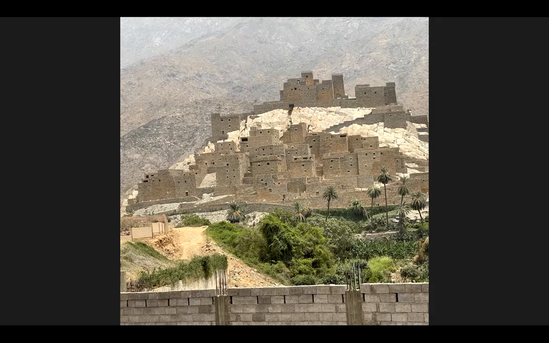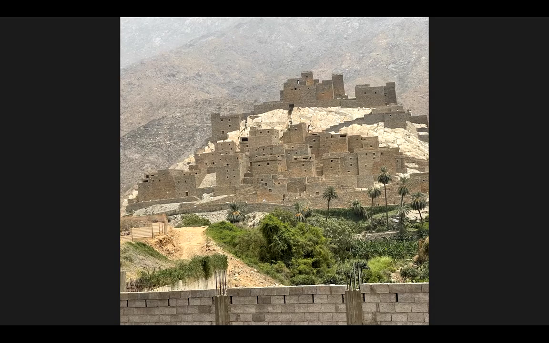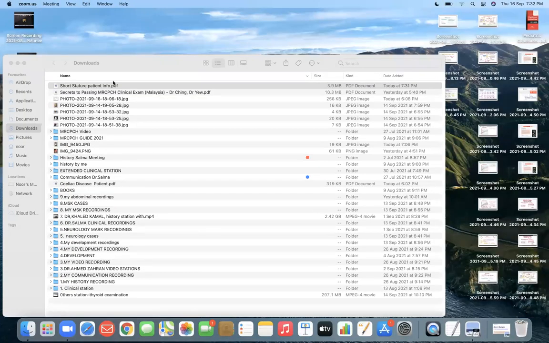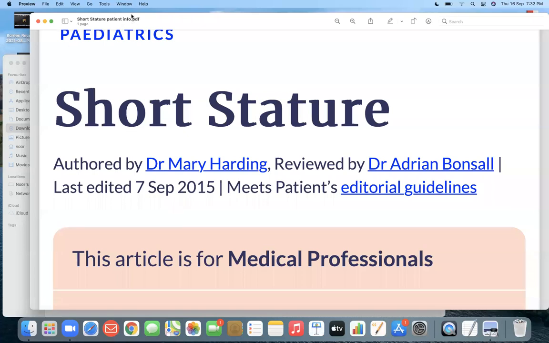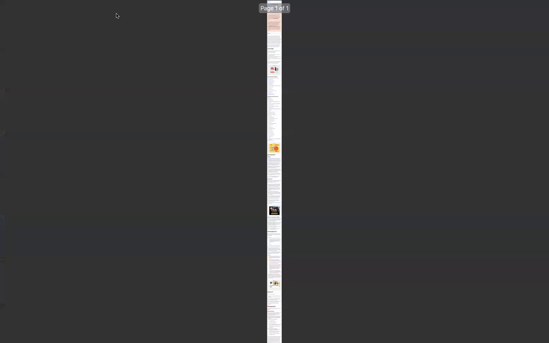Just wait, I will share the definition for you. Here it is written in Mark: short stature is defined as height less than 2 standard deviation score below the mean, that is less than the 2nd centile.